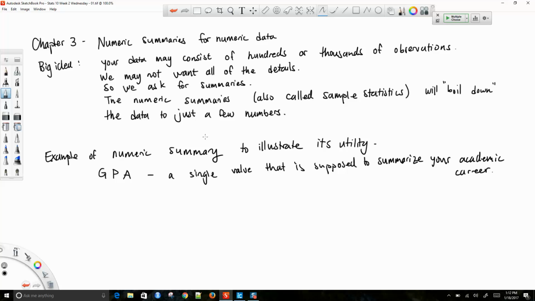It's useful in that it summarizes things, but when you get a summary, you lose the detail, right? So it does not tell the whole story. But it is useful to make quick comparisons.